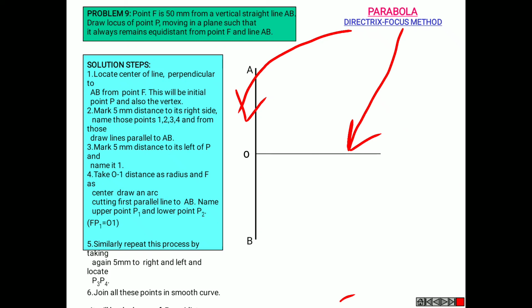At the end you mark a point and locate it as F, the focus, and exactly OF will be 50 mm. Exactly at the center you mark a point and locate it as V, the vertex, so that OV is equal to VF. This indicates that the value of eccentricity is equal to 1. So that means in this you obtain a curve called parabola.